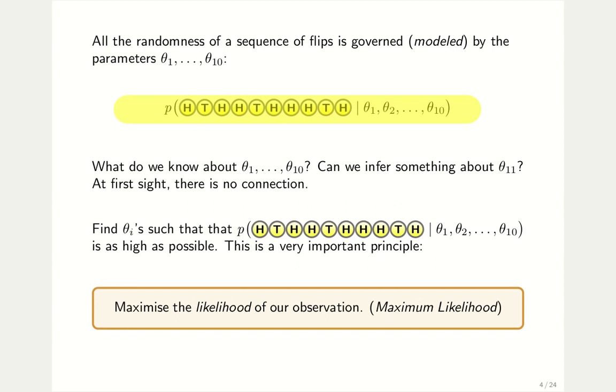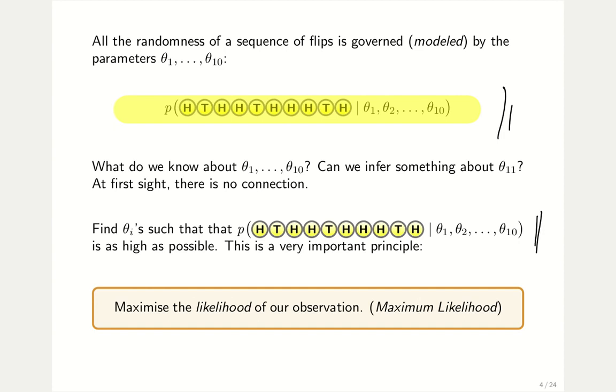What maximum likelihood estimation does is the following. It looks at a probability of data, a so-called likelihood. That's this term here, or also this term is the same. And it tries to find those parameters theta 1 through theta 10 that maximize the value of this likelihood or probability of this sequence.